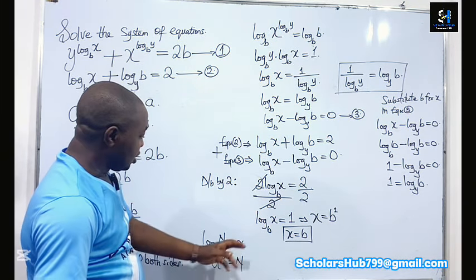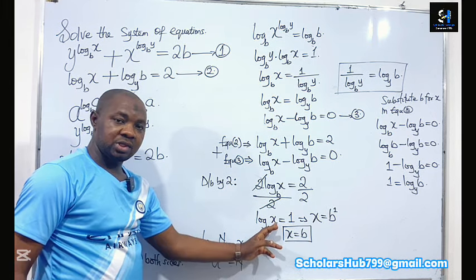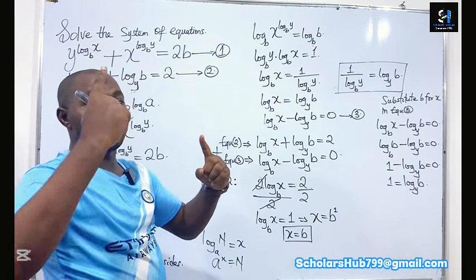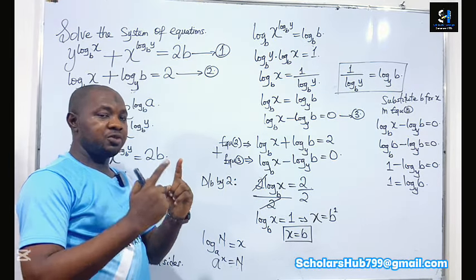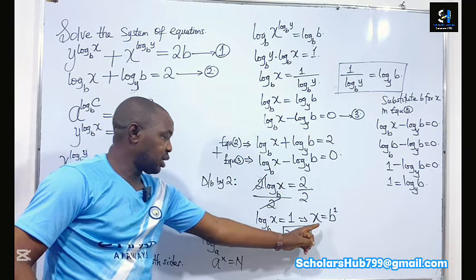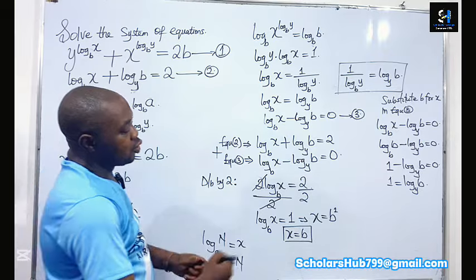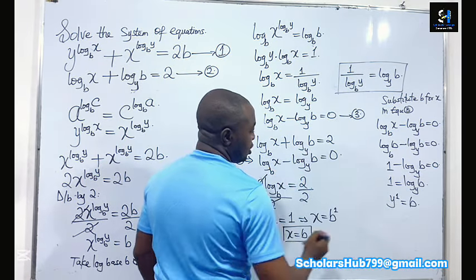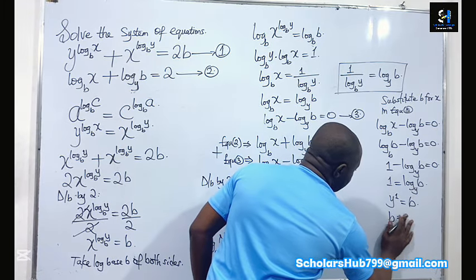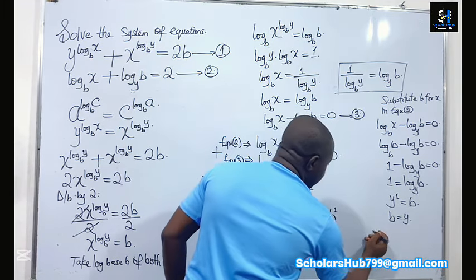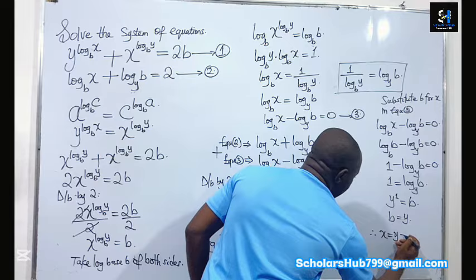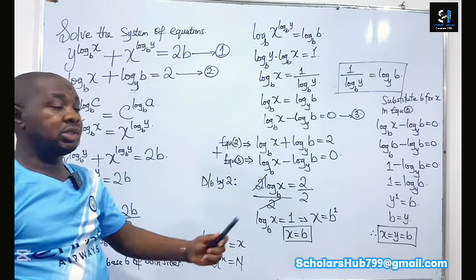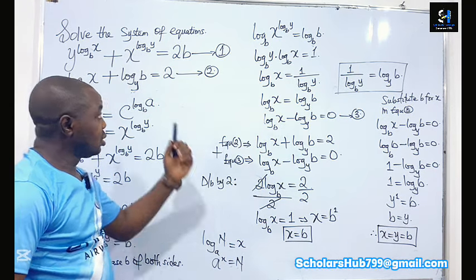That is because the logarithm to base b of x equal to 1 is the exponent 1 to which b must be raised to be equal to x, and that's what we have here, x equals b. So in this case, this will be y raised to the power of 1 equals b. So b is equal to y. Therefore, x equals y and y equals b. And this is our solution to the question.